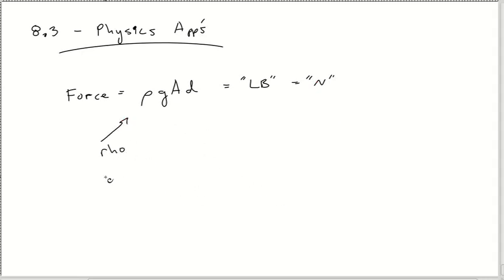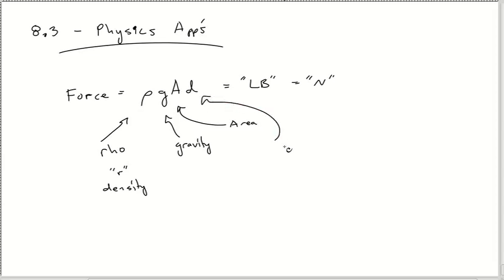It's a Greek letter, makes an R sound, but what that is is your density. G, can you guess? It's gravity. Because we're talking about metric or standard, we're going to have a different number there at different times, so watch out. A is area, and D is depth.